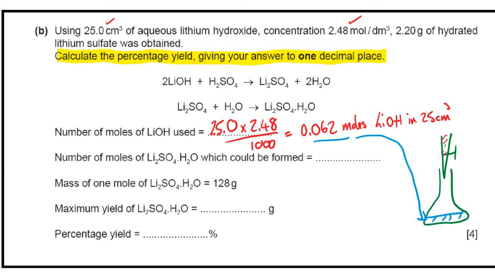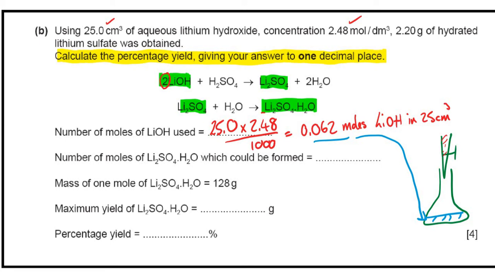Now we go to the next part, which is a little bit more tricky, and we've got to look at the fact that 2 moles of lithium hydroxide make only 1 mole of lithium sulfate. That lithium sulfate then reacts with water to make our hydrated lithium sulfate salt. So what's the stoichiometry? Well, it's 2 moles of lithium hydroxide make only 1 mole of lithium sulfate.